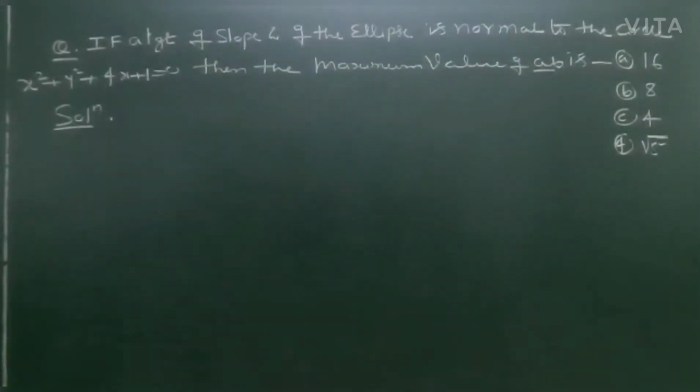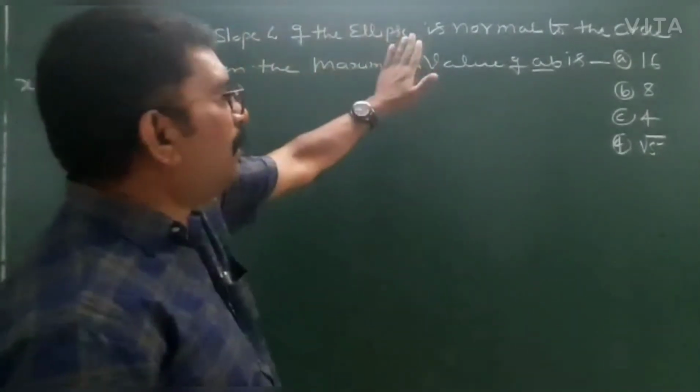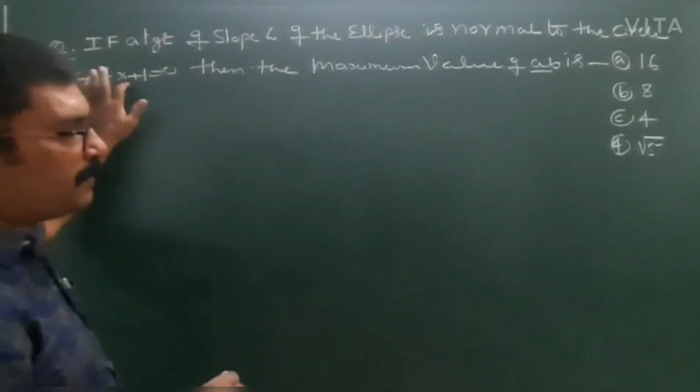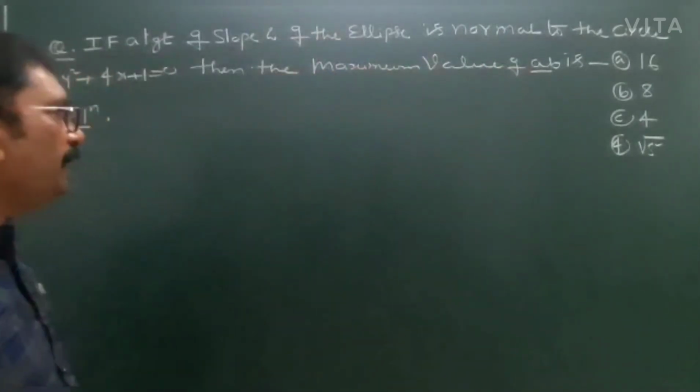In this question, if a tangent of slope 2 to the ellipse is a normal to the circle x square plus y square plus 4x plus 1 equal to 0, then find the minimum value of ab.